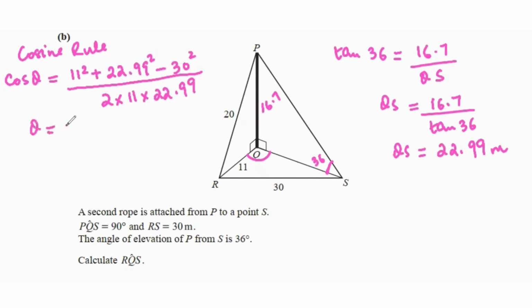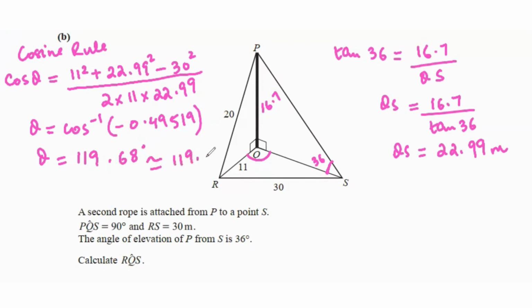So theta equals cos inverse of negative 0.49519, and that's going to give us 119.68 degrees, which we can round to 119.7 degrees.